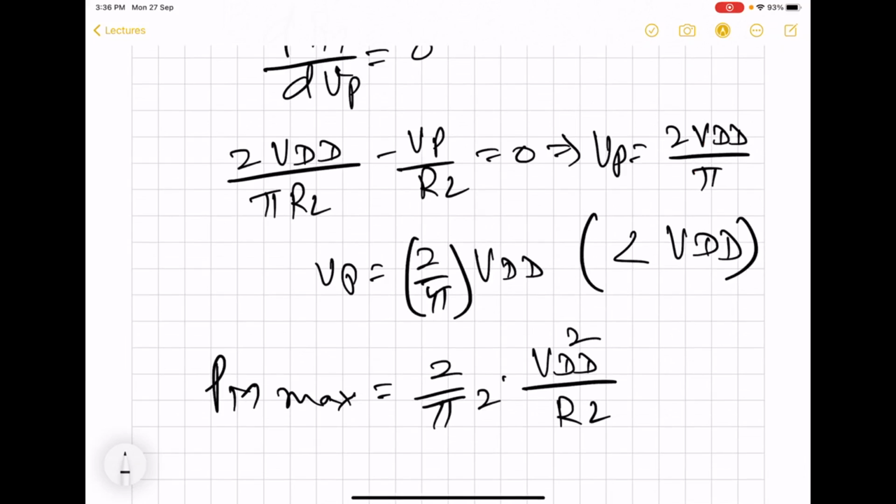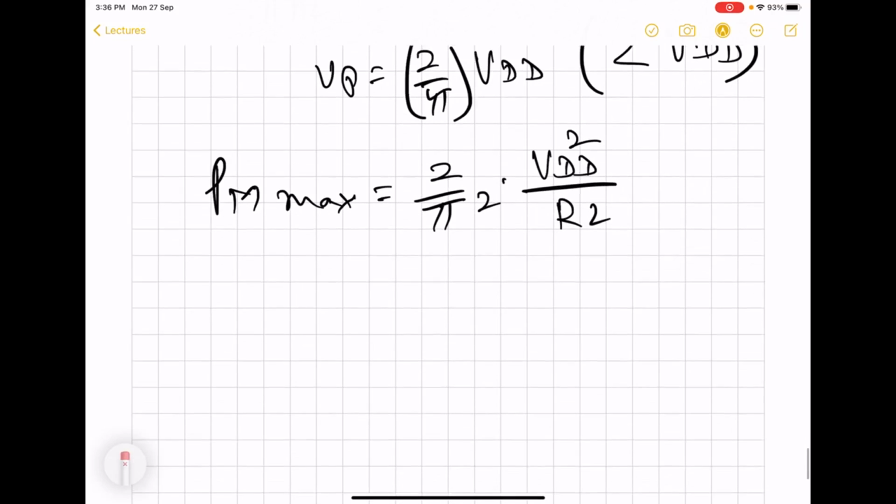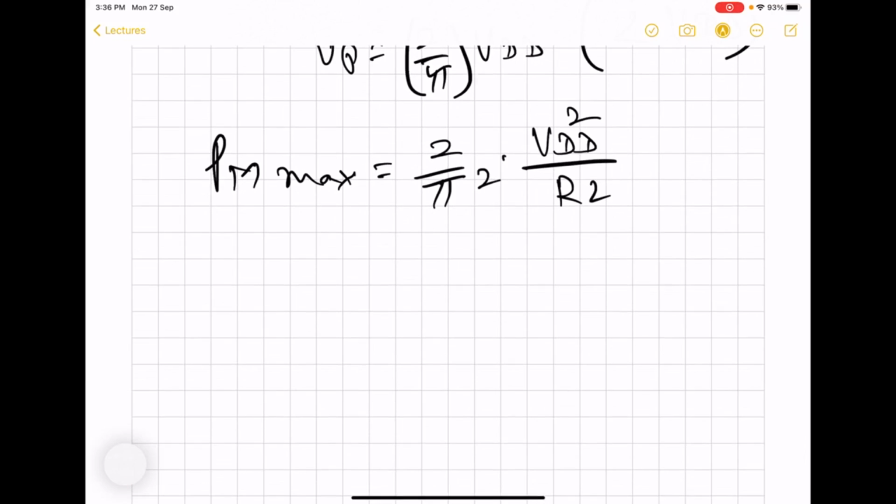So we saw that both the efficiency and the power consumed depend upon this output voltage swing. So we can just plot this relation and see when we get the maximum power consumed and when we get the maximum efficiency.